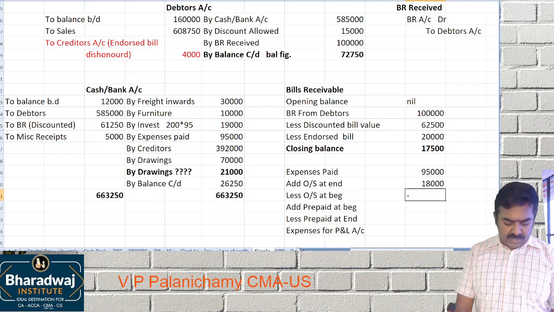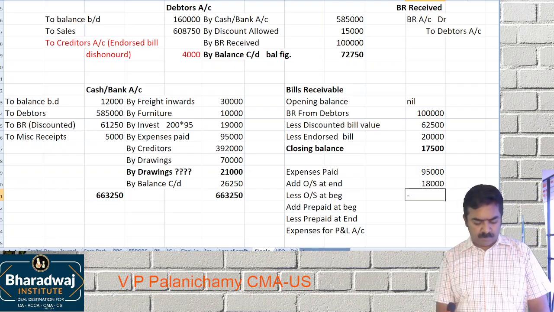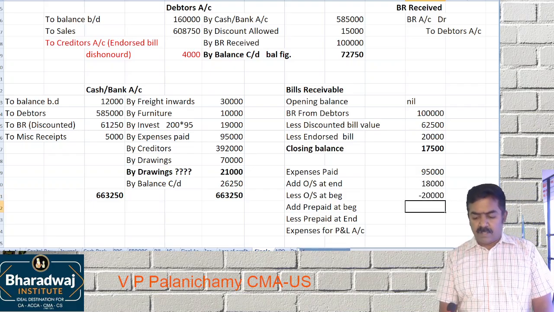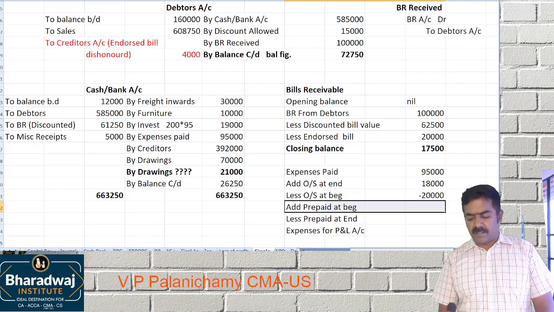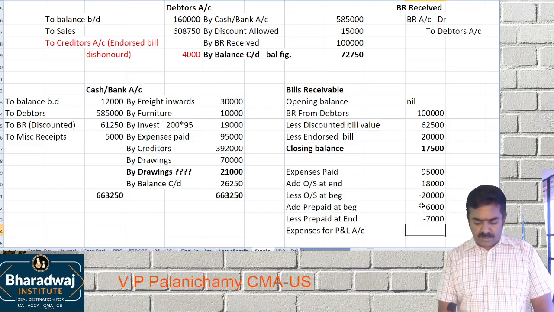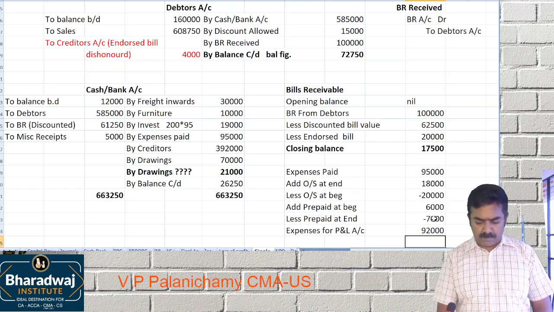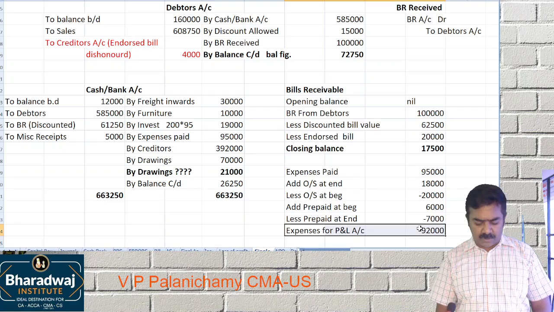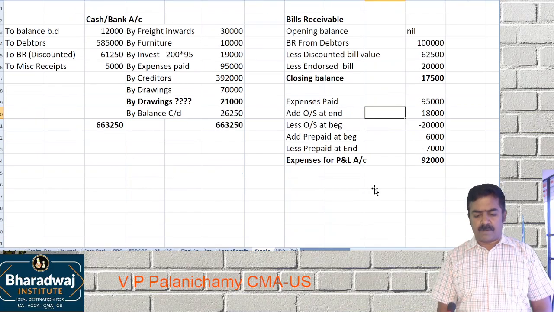So minus outstanding at the beginning of the year, 20,000. Prepaid at the beginning of the year belongs to current year. Minus prepaid at the end of the year, 7,000. This will give us expenses to be charged in P&L. Expense to be charged in which account? Profit and loss.